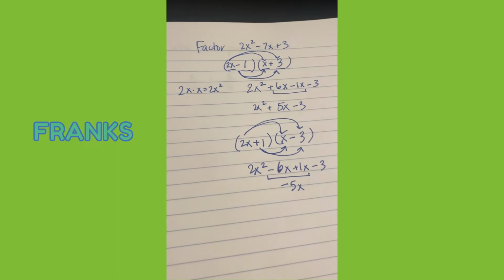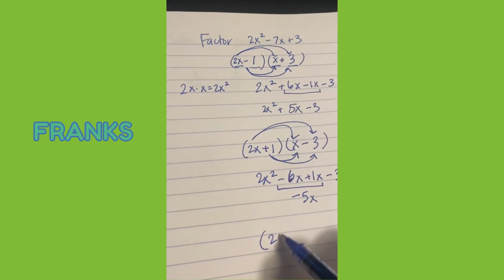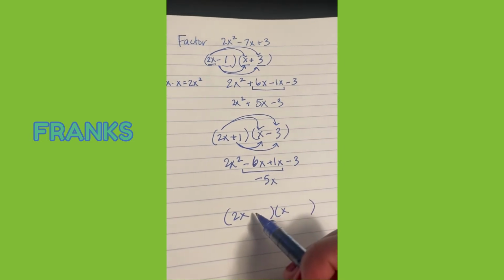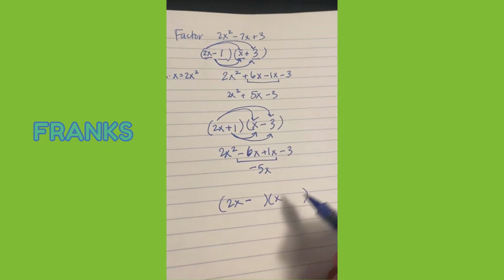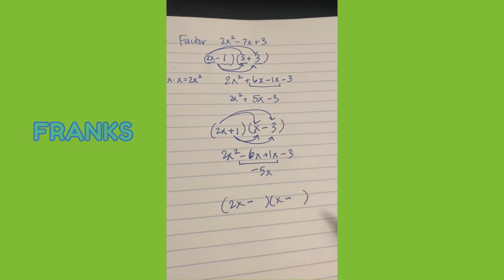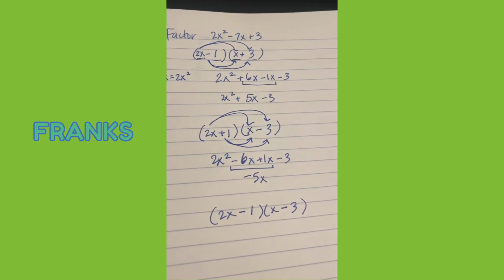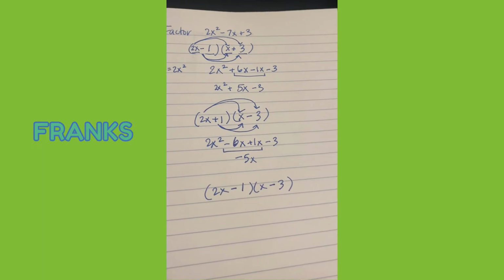Okay, I'm going to try one more thing. I'm still going to use 2x times x. This time I'm going to make both of my signs negative, so I'm going to have a -1 and a -3.